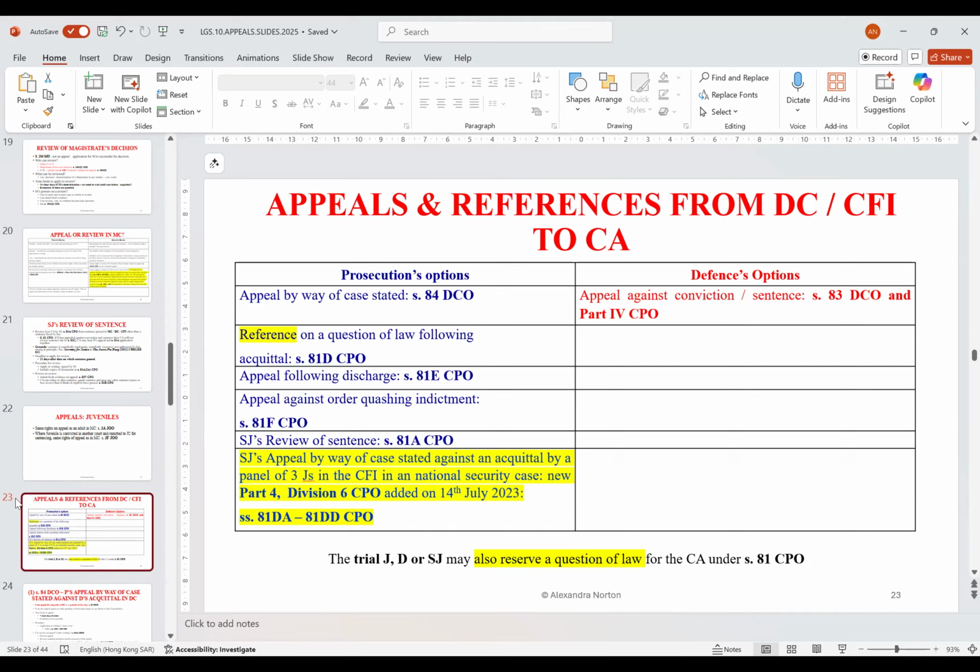So let's move on now to looking at the different options where the defendant has been convicted and sentenced in either the district court or the CFI. And this is always an appeal to the Court of Appeal.